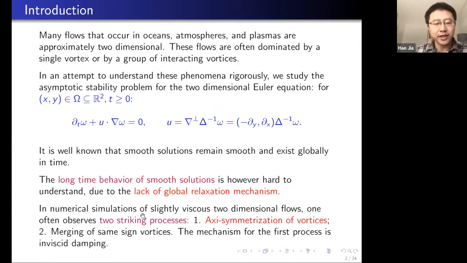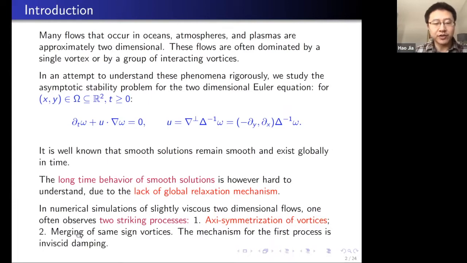However, remarkably, in both numerical simulations and in physical experiments, one often observes two striking processes for this 2D Euler equation. The first is axisymmetrization of vortices. I will talk about what a vortex is, but if you have a steady state and you perturb it, somehow it will return to another steady state, which has radially distributed vorticity.